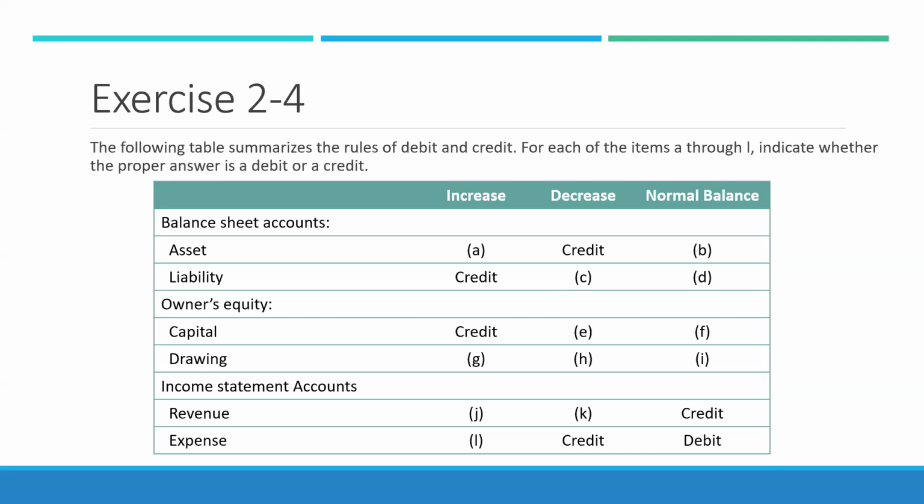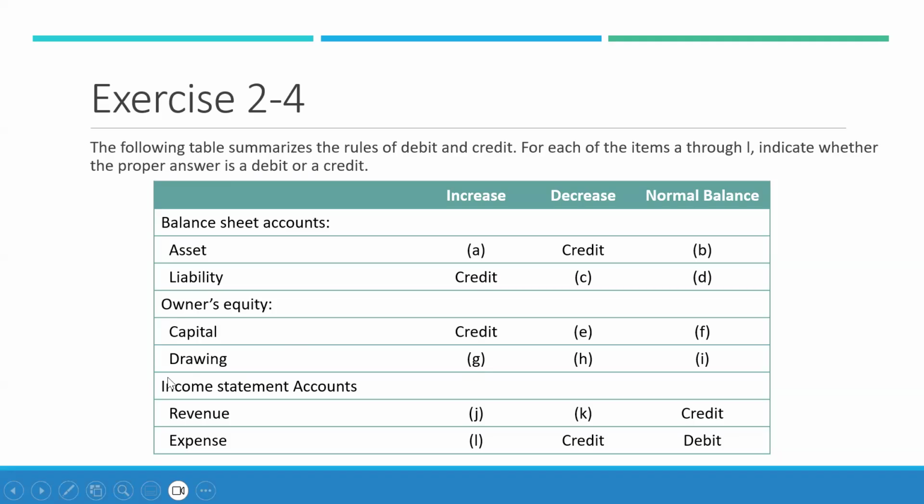So if we decrease owner's equity by debiting it, and drawing will always decrease owner's equity, we know that drawing will have a normal debit balance, right? So to increase drawing is going to be a debit, right? To decrease drawing is a credit, and the normal balance will always be the increase.